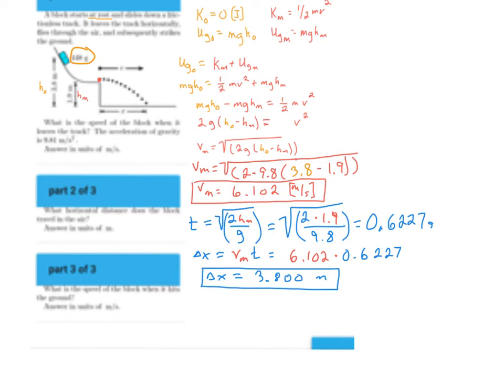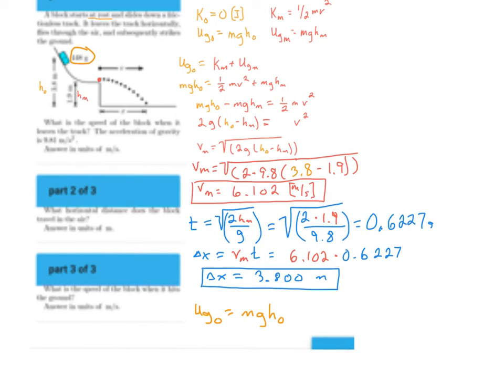So we know what type of energy it starts off with. At the very, very start, it only had gravitational potential energy. And we knew that that was mass times gravity times the original height. At the very, very end of this event, it's going to hit the ground with some final velocity.